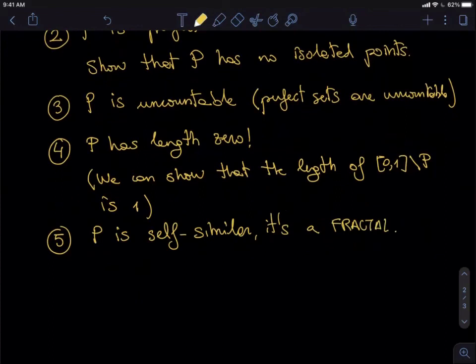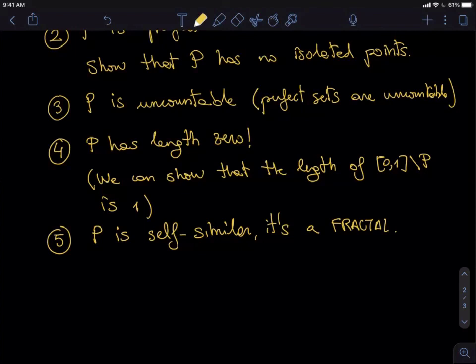You may have heard of fractal sets. Fractal sets have not very intuitive properties. Okay, one of the properties of fractal sets is that they don't have a dimension like the way we are used to. In the case of the Cantor set, the dimension of P is neither 0, neither 1.